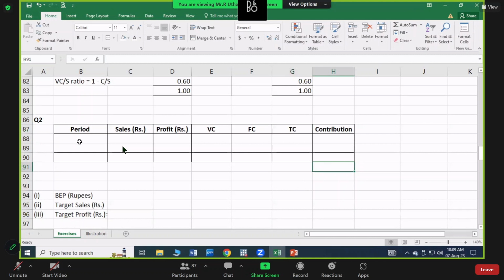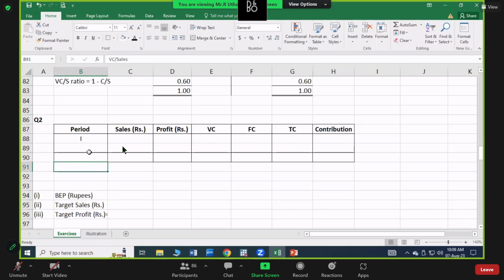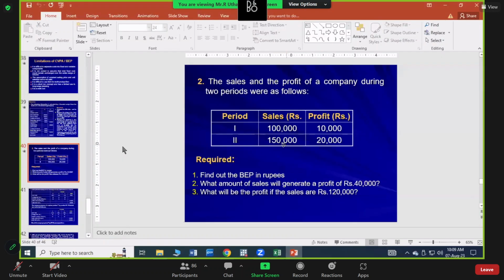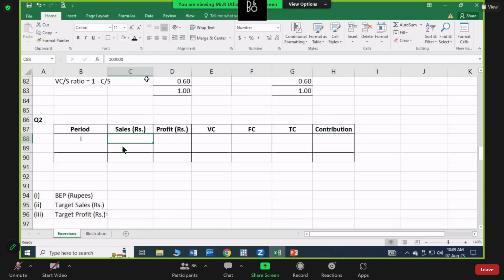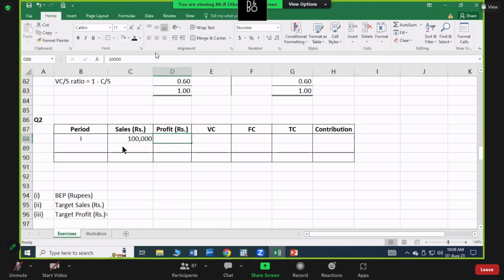So you can have period one. Take the sales data of 1 lakh. Profit is given as 10,000. Then from that you can calculate the total cost.